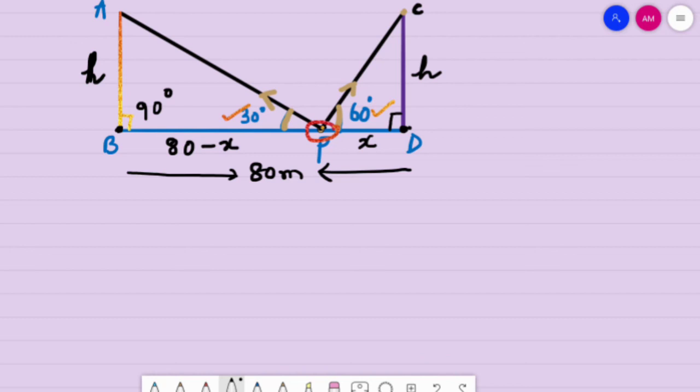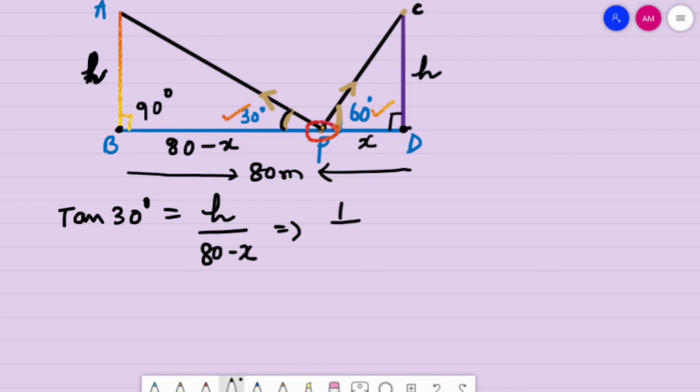So see, since we have to find H and we know BP, we shall go with the tan angle, because tan is opposite side by adjacent side, and the adjacent side for 30 degrees is 80 minus X and the opposite side is H. So tan 30 degrees gives you H by 80 minus X. Tan 30 is how much? 1 by root 3.